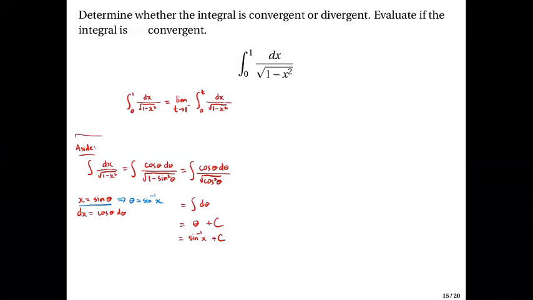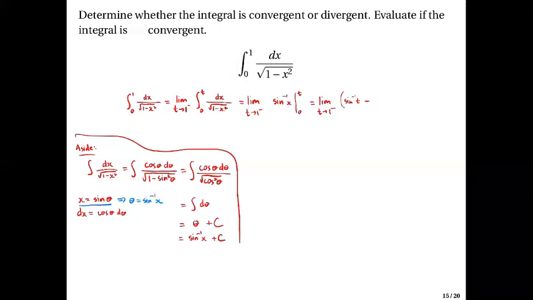Okay? Which means if we go back to our original problem, we will have the limit as t approaches 1 from the left of sine inverse of x evaluated from 0 to t. You'll have sine inverse of t minus sine inverse of 0. That's just 0.